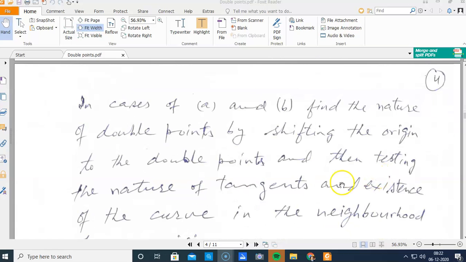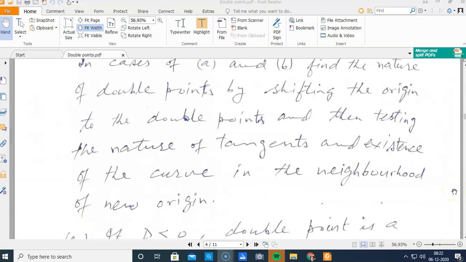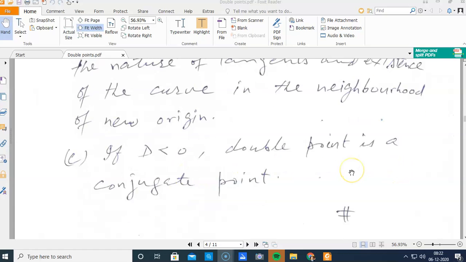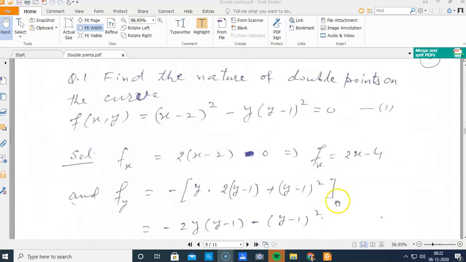In cases A and B, find the nature of the double points by shifting the origin to the double point and then testing the nature of the tangents and the existence of the curve in the neighborhood of the new origin. And lastly, C: if D is less than 0, then the double point is a conjugate point. This is the procedure. Now coming to examples.